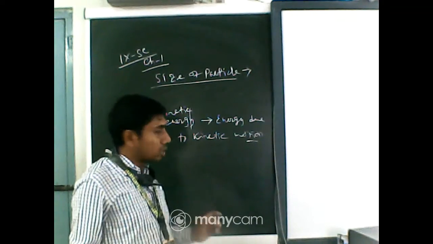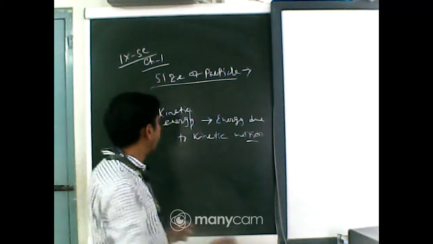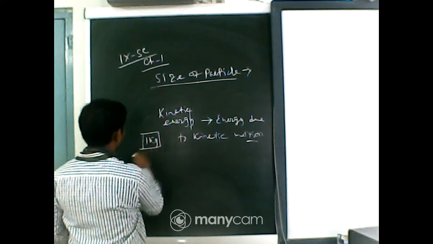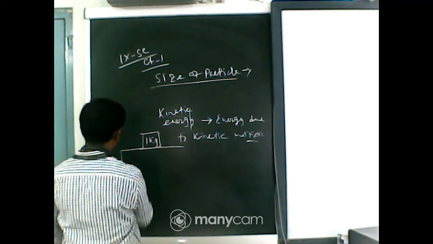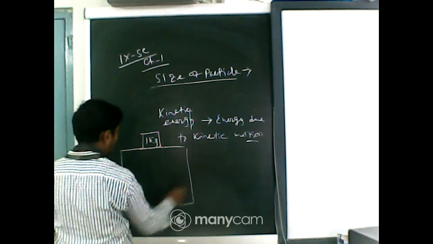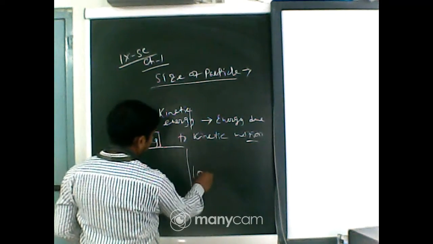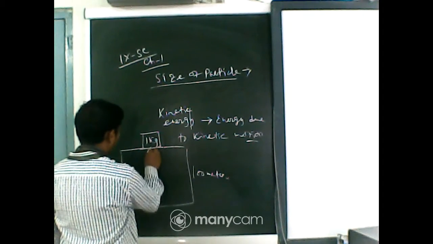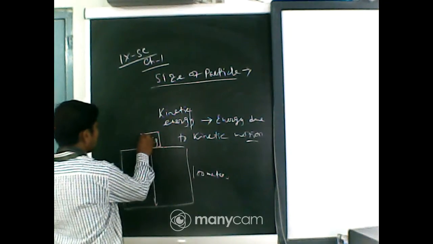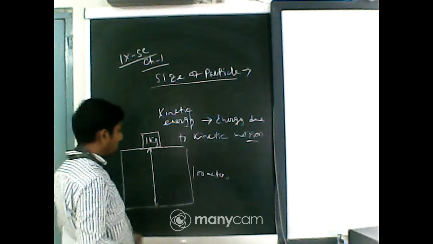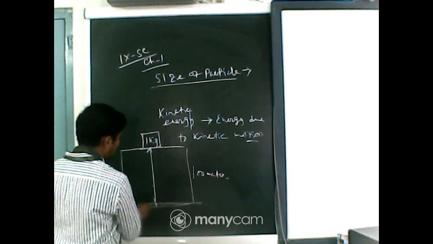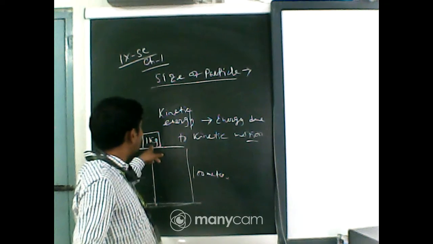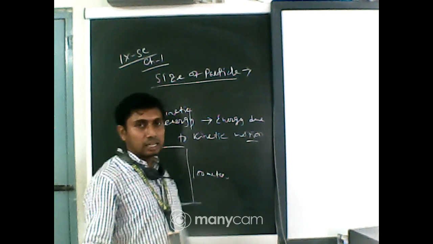And potential energy: suppose a 1 kg mass is kept at a height of 100 meter from the ground level. There is some energy stored, and the energy stored here is called potential energy.